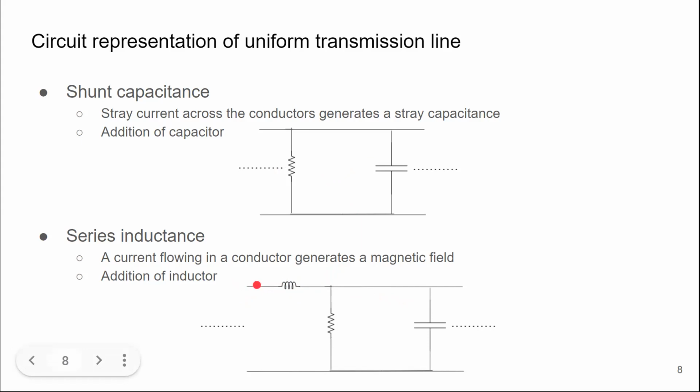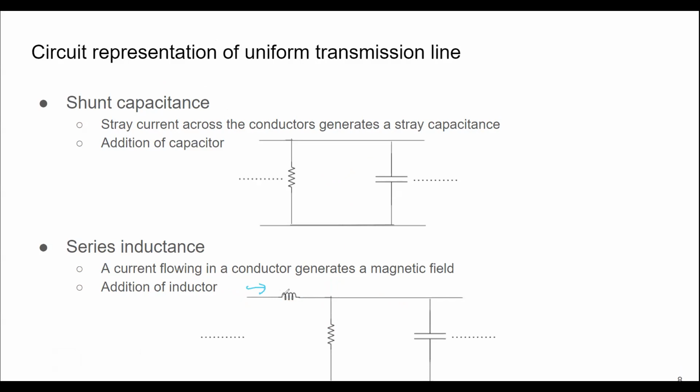So when we take the current coming from the left side, we can take it as inducing a magnetic field in the conductor, right?